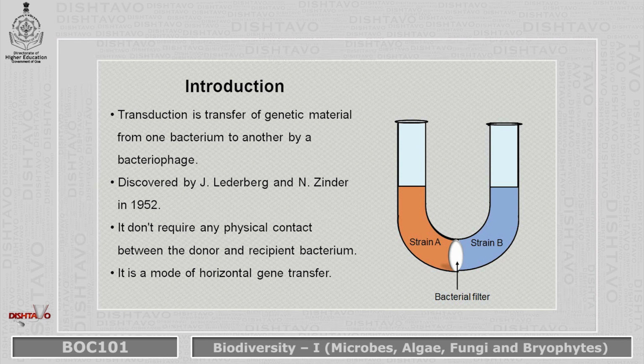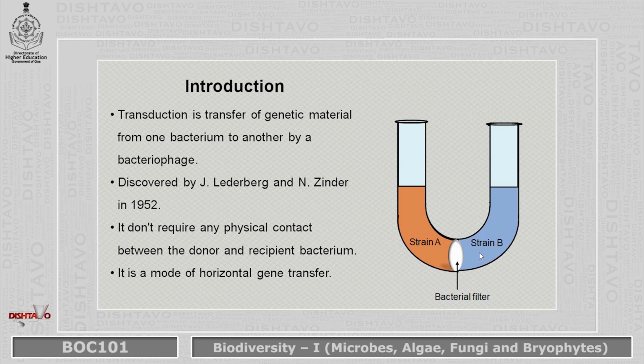The bacterial filter blocks the movement of the bacteria through it, but it does not prevent the flow of nutrient media. So this filter basically avoids the physical contact between two bacteria.